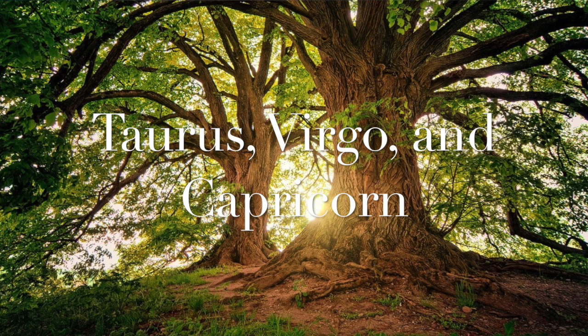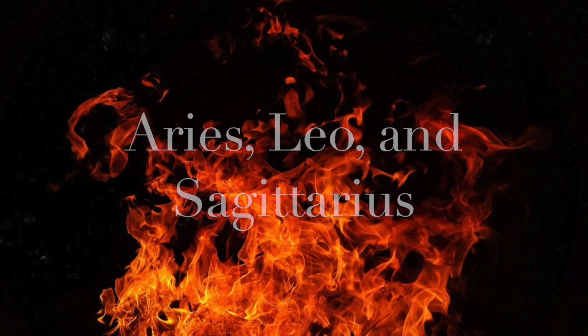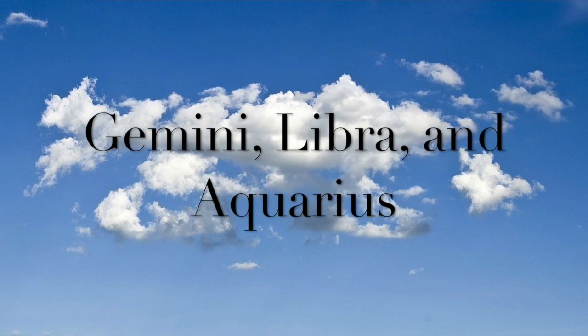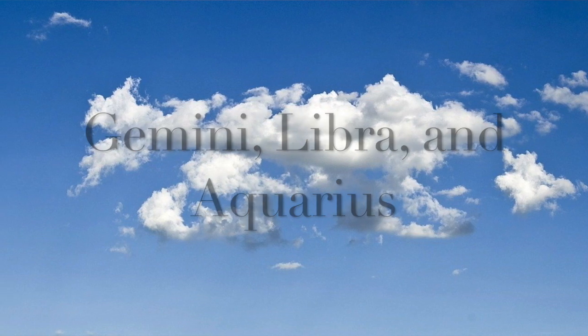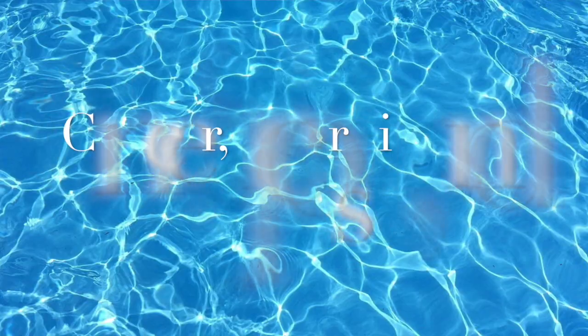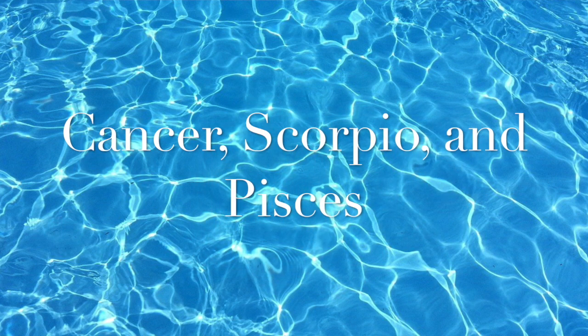There'll be 3 per element, and this is their elemental trine. The fire signs are Aries, Leo, Sagittarius. The air signs are Gemini, Libra, Aquarius. And what am I missing? Water. The water signs are Cancer, Scorpio, and Pisces.